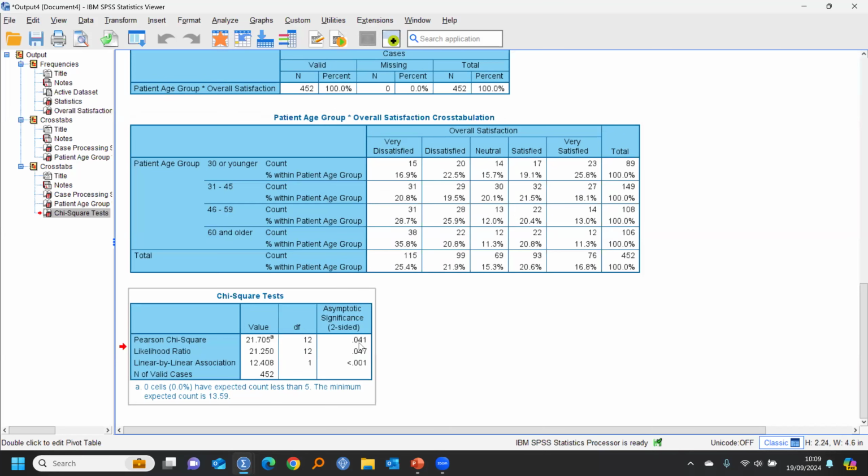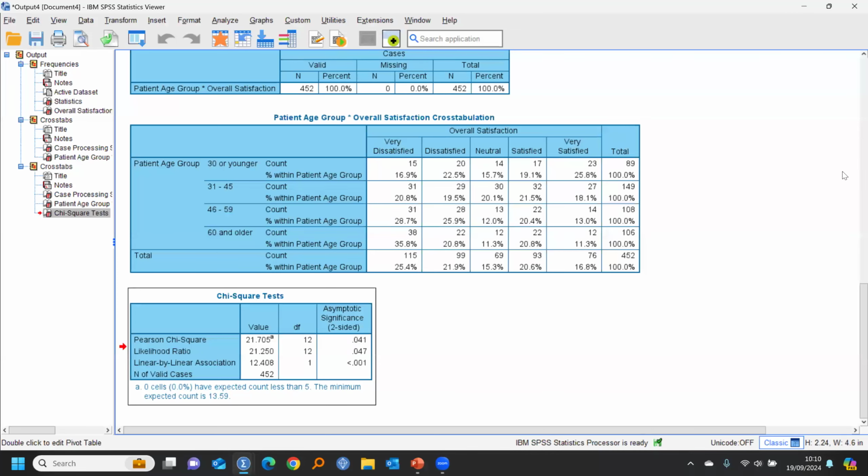And the fact is, it's giving us a value here of 0.041. Well, that value is a probability, and it's the probability of getting a result as extreme as the one that we have observed, assuming that age group and overall satisfaction had no relationship whatsoever, and that the two things were completely independent of one another.